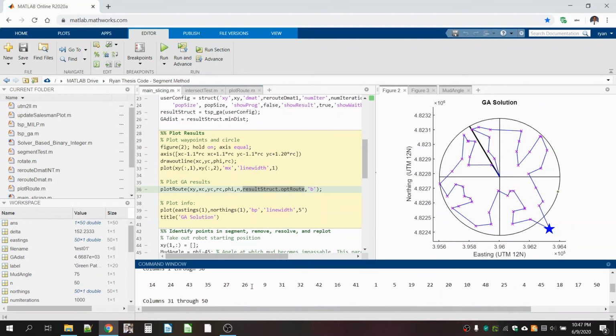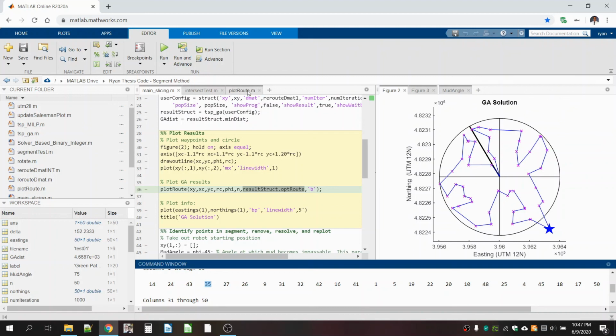This is just saying, okay, let's visit waypoint 14, now 24, now 43, now 35. So if you plot this vector, it's just going to have straight lines between all these points. But we don't actually want a straight line, like in this example, if this was rerouted. Okay, so how do you plot the optimum route reflecting those routes that were rerouted?